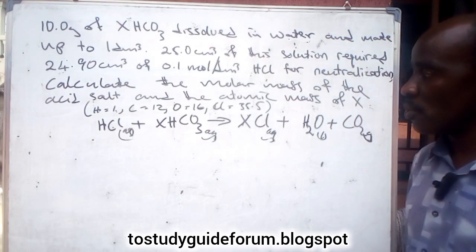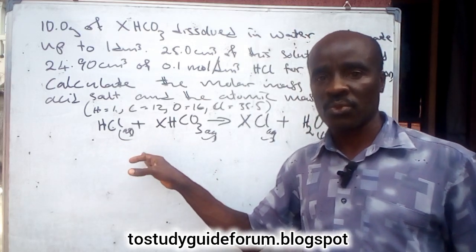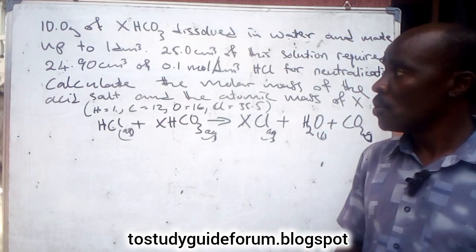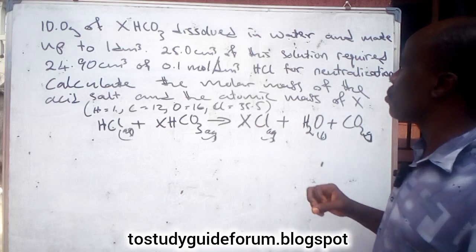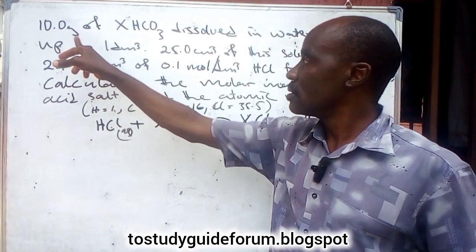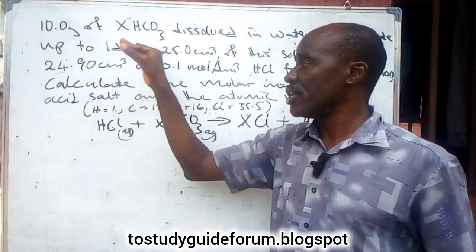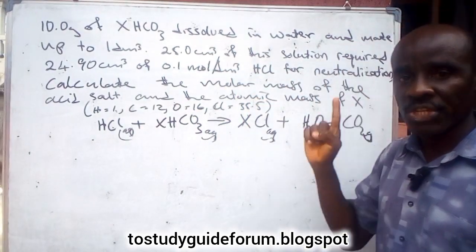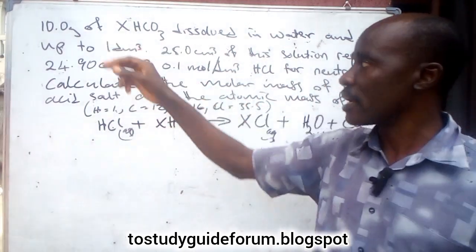From the balanced equation, we notice that the mole ratio is 1:1. But there's another point I want to make clear here. They say 10 grams in 1 dm³, that means 1 dm³ of the solution contains 10 grams.